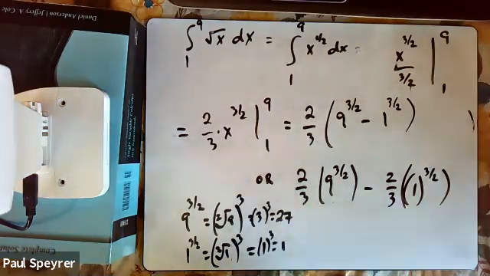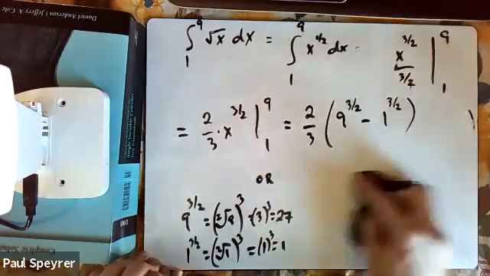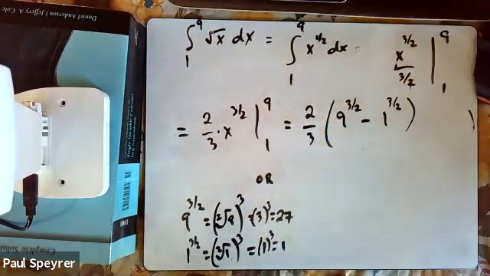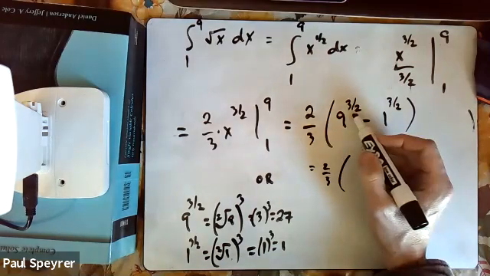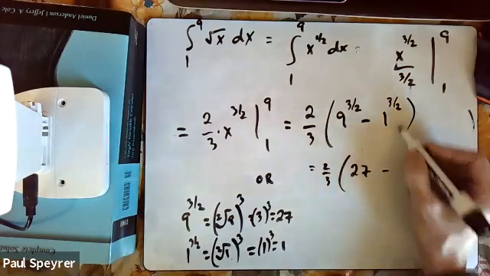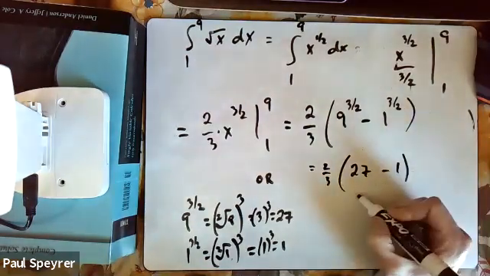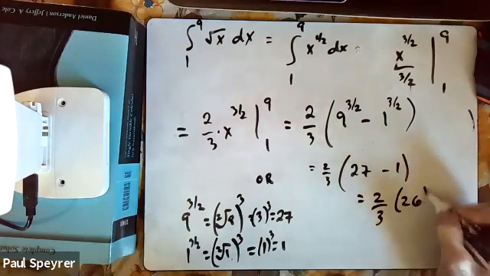So now we ultimately have 2/3, and then we saw 9 to the 3/2 is 27, minus 1 to the 3/2 is 1. So you get 2/3 times 26.